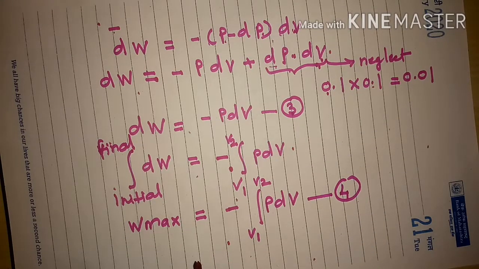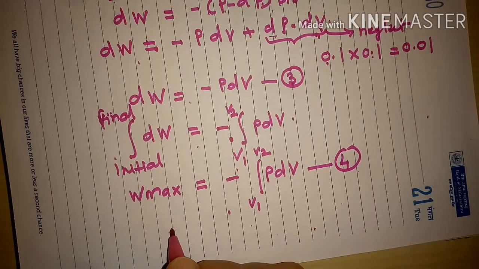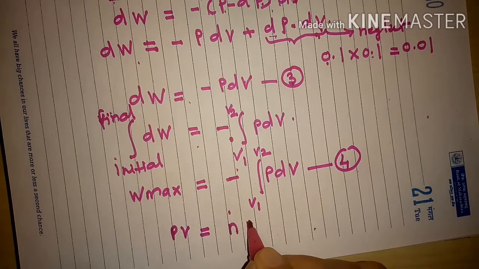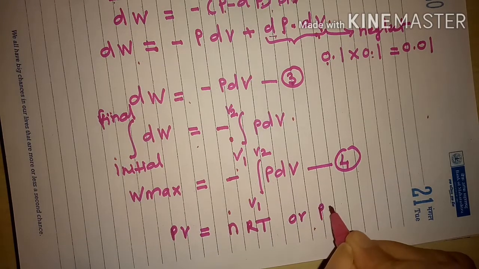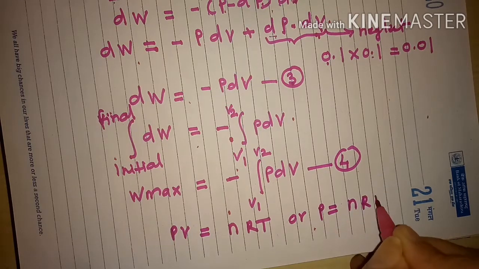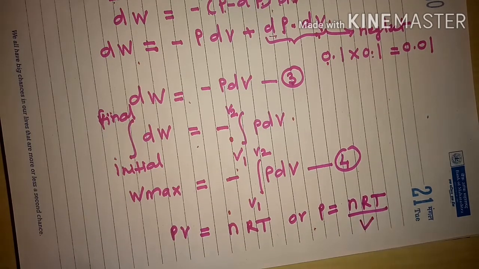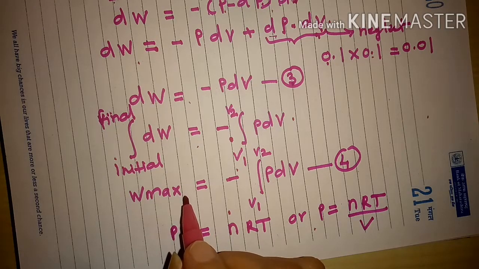Next we will be using the ideal gas equation. You know this ideal gas equation: PV is equal to nRT, or if we rearrange this, P is equal to nRT upon V. We are considering a gas, so we take into account the ideal gas equation and apply it to equation number 4.